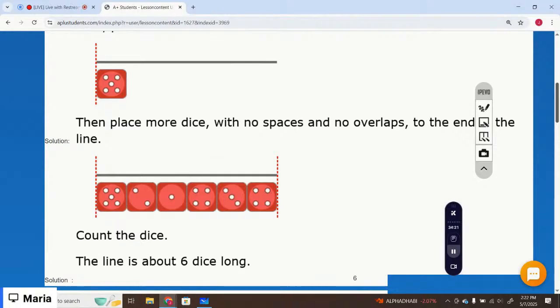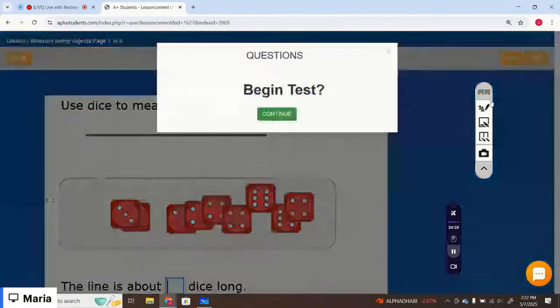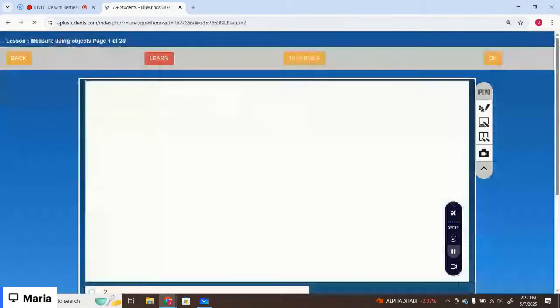So you just have to keep the dice one after another with no spaces and no overlap until the end, and then you can measure the length of the line.